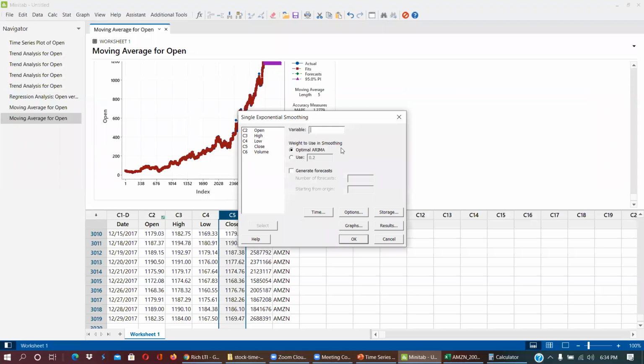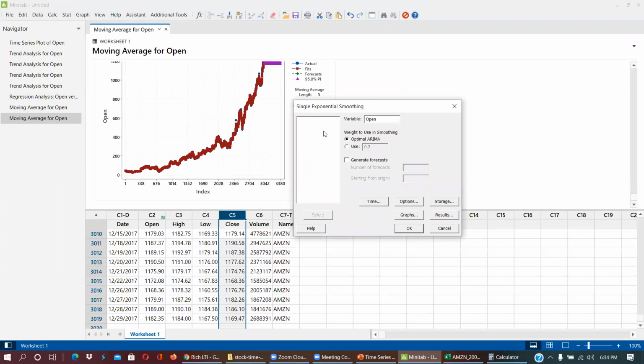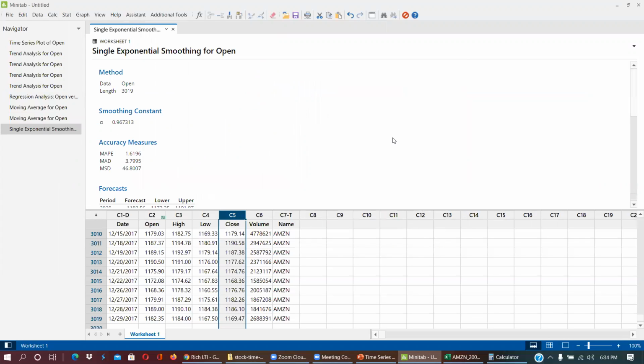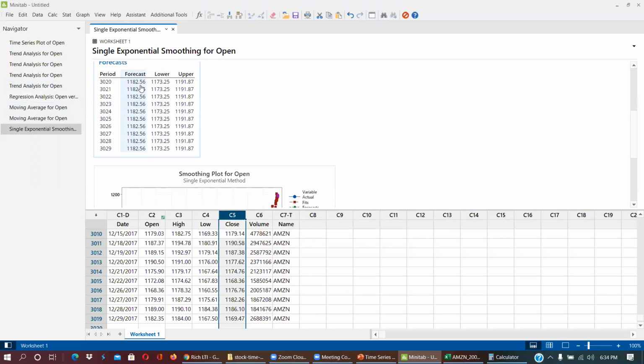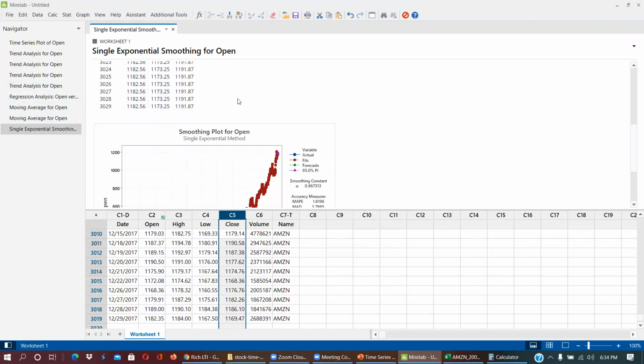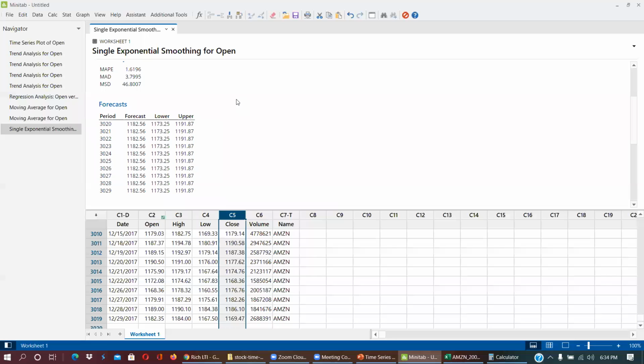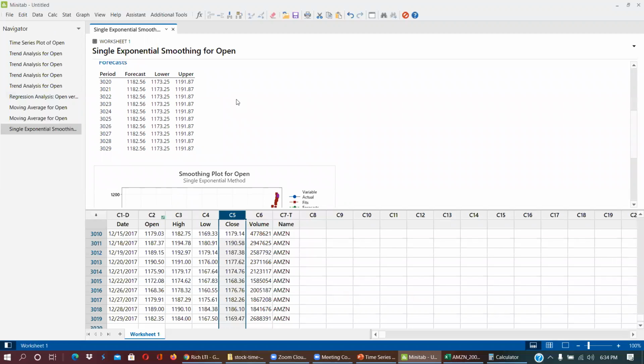I take the single variable Open and generate a forecast for 10. Alpha is 0.96, and again, in exponential smoothing these forecasts are also going to be the same value. It is good if you have 10, 20, 30, 40 data points and just want to forecast the next value. But if you have tons of data, like 10 years of everyday data, that is not going to be helpful. In that case, you should use trend analysis.